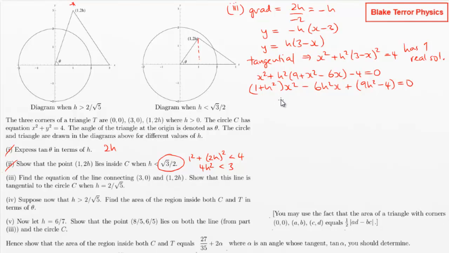So our b squared is 36h to the power of 4, and that would have to equal 4ac. So 4 times (1 plus h squared) times (9h squared minus 4). God, this is a mess, isn't it? Well, we can get rid of that 4 and make that a 9. And then we have to expand all this out. So 9h to the 4, oh good, they've cancelled.